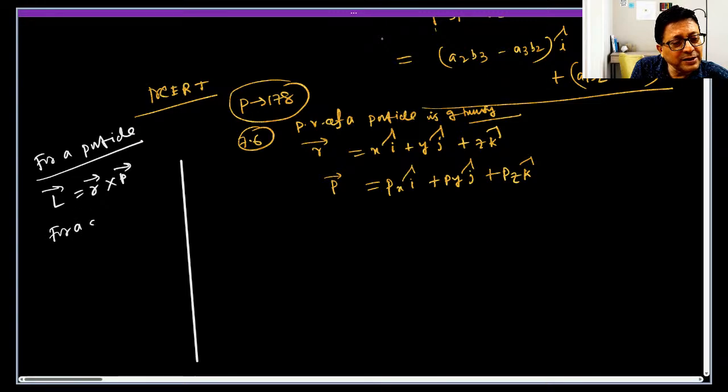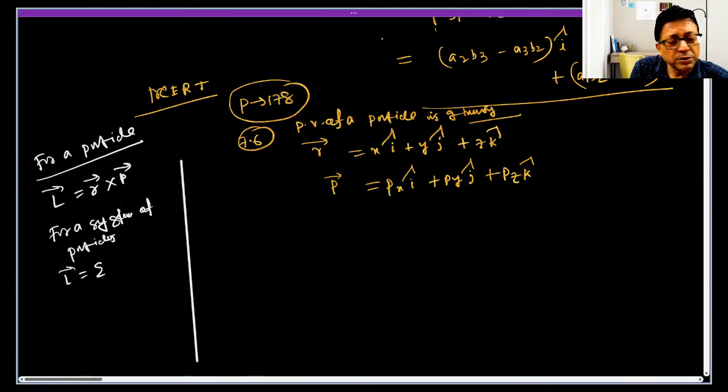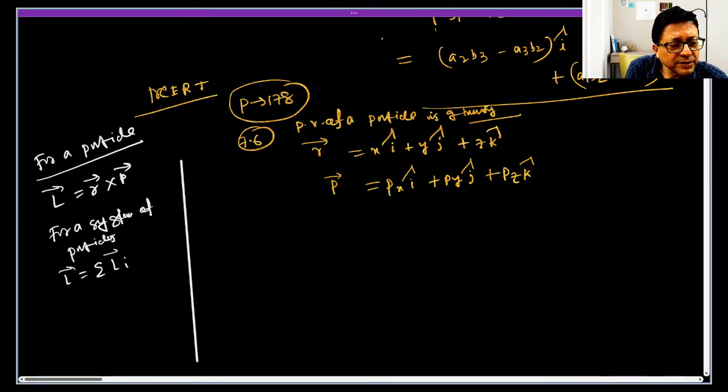For a system of particles, L equal to sigma li, this is sigma ri cross pi. Okay, this is total angular momentum of system of particles.